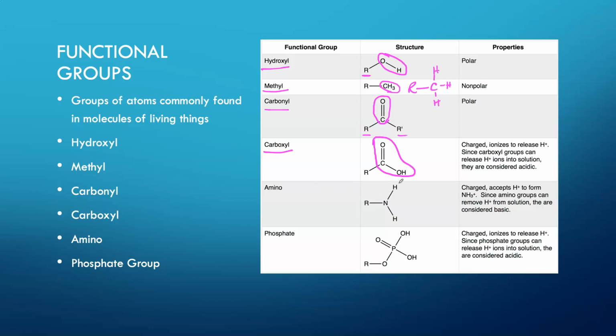And speaking of amino acids, the other functional group we'll see with amino acids is this here. We have a nitrogen with hydrogen atoms. So the carboxyl and the amino group are going to be very important when we get to proteins and amino acids. The final group, the phosphate group, has a phosphorus atom in the middle with 4 oxygens bonded to that phosphorus, and you'll notice that one of the oxygens has a double bond to the phosphorus and the other 2 are actually hydroxyl groups.